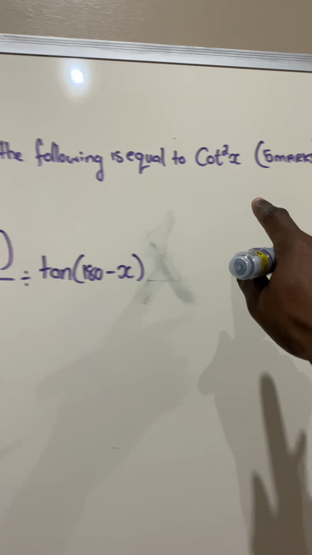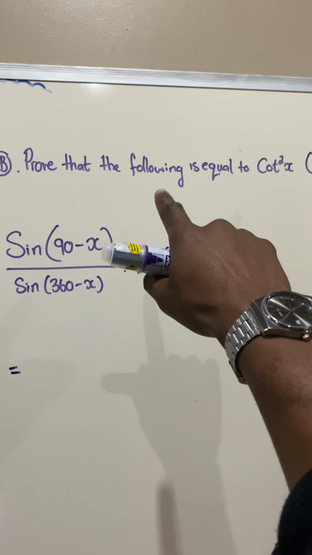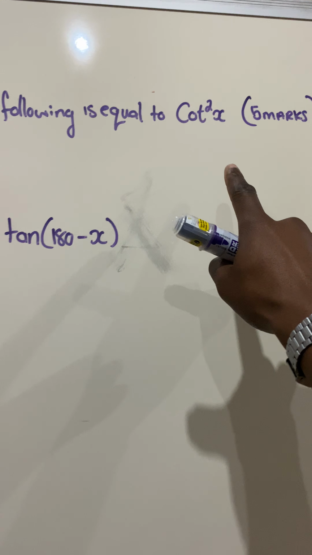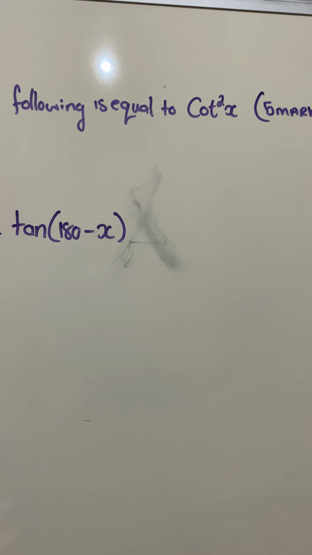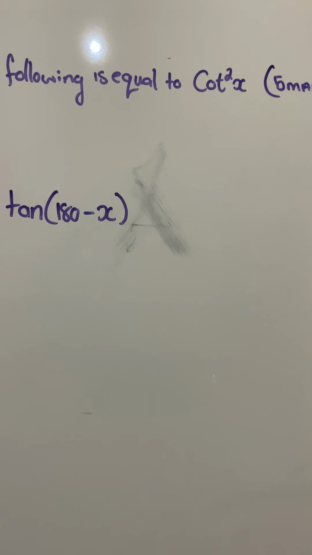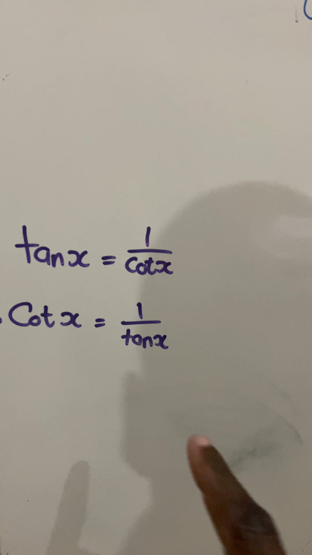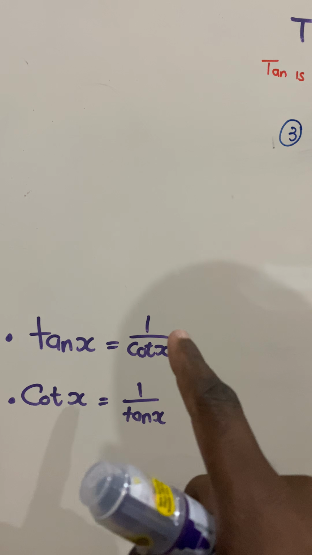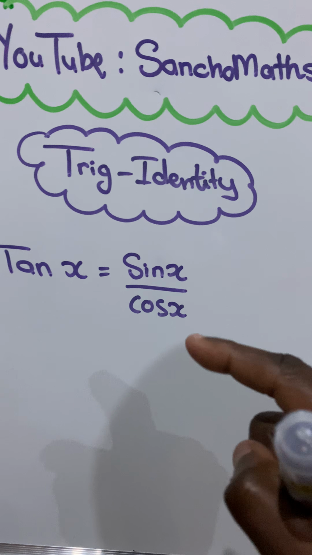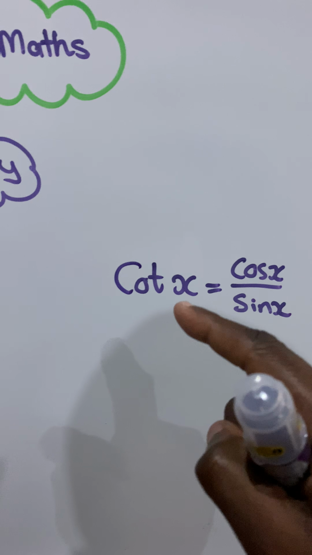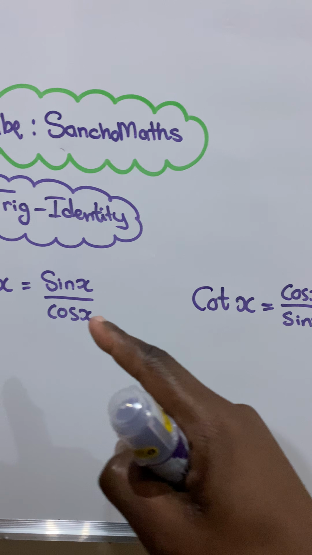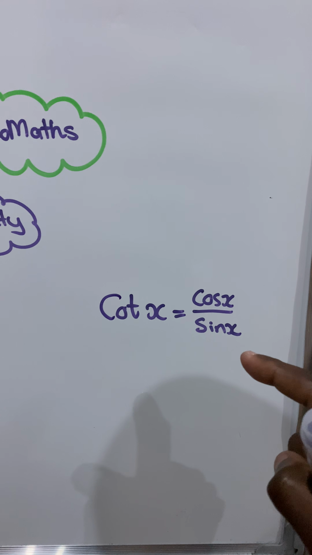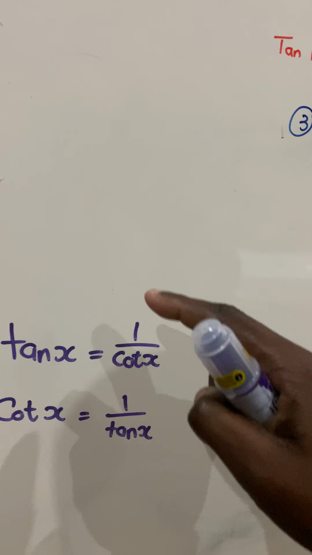So for 5 marks, we are required to prove that the following, which is this statement here, is equal to cot squared theta. But first, in order for you to know what cot squared theta is, do you know what cot is? Now, if you don't know, cot is the opposite of tan, right? And tan is the opposite of cot. What do I mean by that? For example, we know that tan is sine over cos, right? So cot, because cot is the opposite of sine over cos, is cos over sine. That makes sense, right? Hence, we have the 1 over.